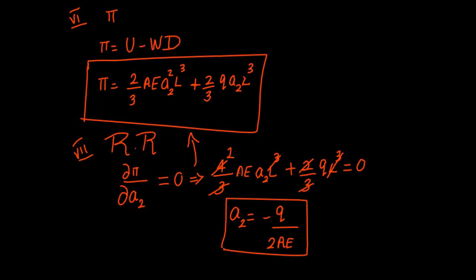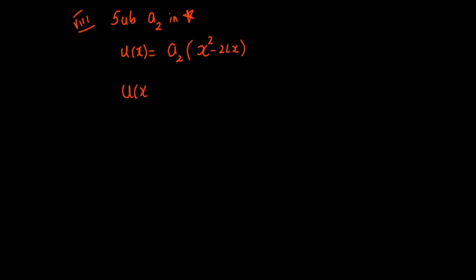Now in the next step, the last step, step number 8, once you get the value, you substitute the value of A2 in the star equation, which is the modified trial solution. What is the modified trial solution? U of x is equal to A2 into x square minus 2lx. Now you have the value of A2.